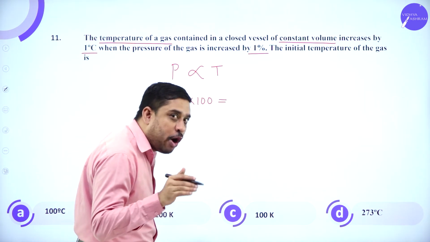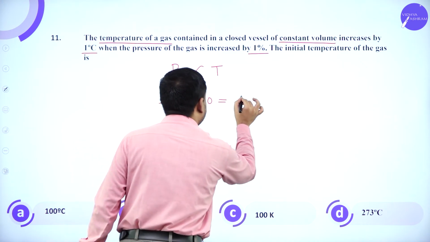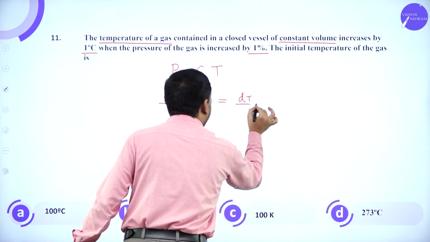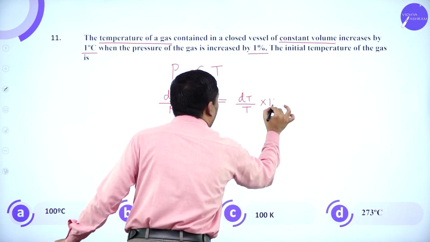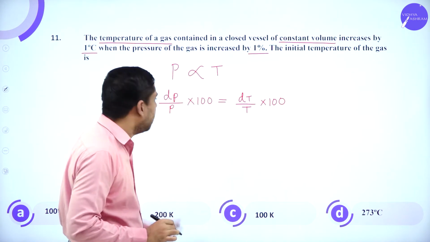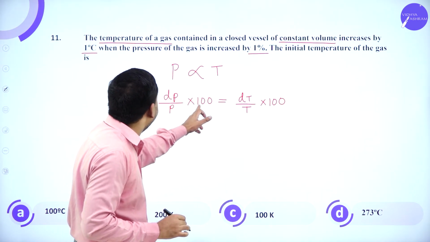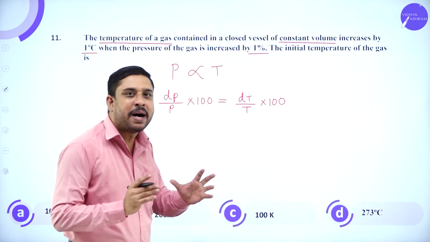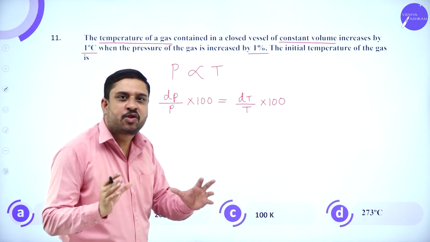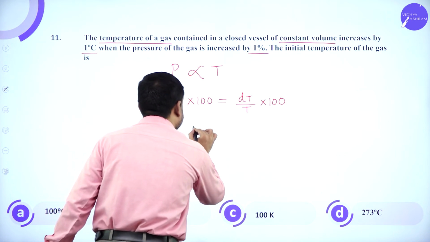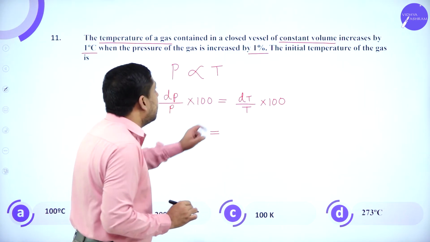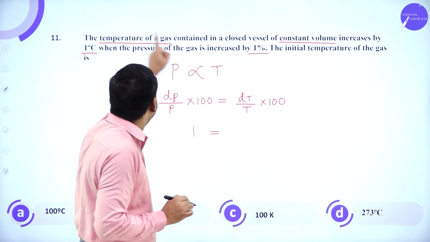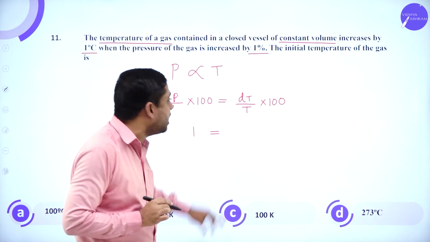There is also increase in temperature, dT by T into 100. dP by P into 100 is 1%. Pressure is increased by 1%. The temperature increases by 1 degree Celsius.